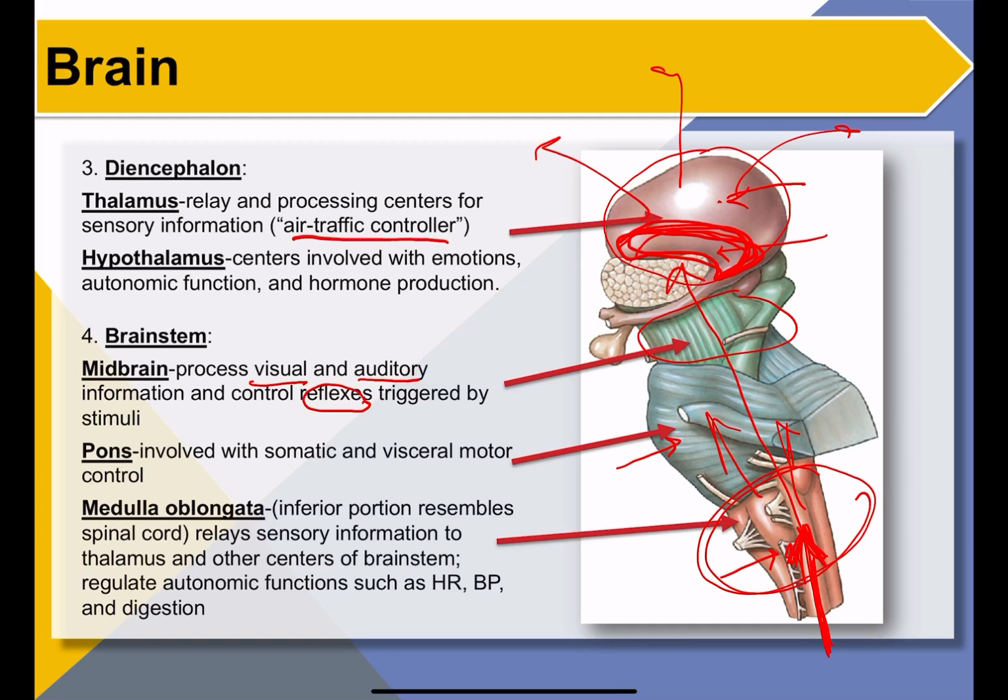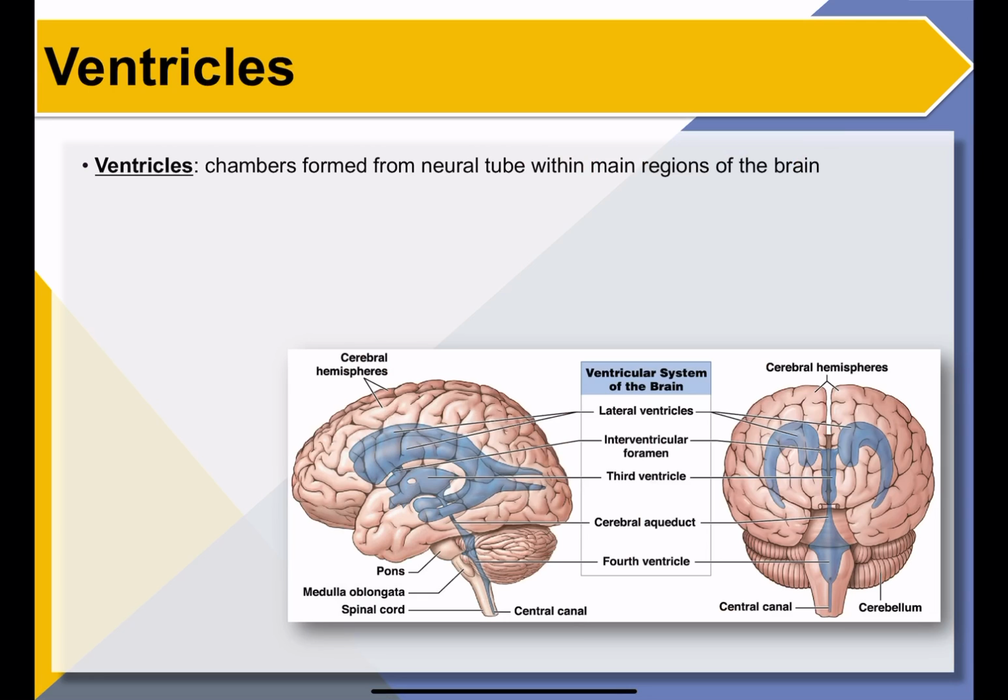So, in addition to relaying information, it is also in charge of regulating a few autonomic functions, such as your heart rate, blood pressure, and digestion. We won't go too much into these parts, but we will have one slide that goes into the specific places in the brainstem for performing those particular functions when we get to that slide.